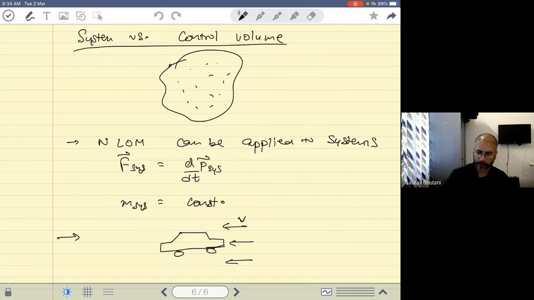So to find the force as a function of time on this car, you will have to analyze all the air molecules that are hitting the surface of the car with time. So different molecules will hit the surface of the car at different times. So for this analysis, what you will do is you will form an imaginary control volume and analyze the behavior or the physics that is happening inside this control volume.